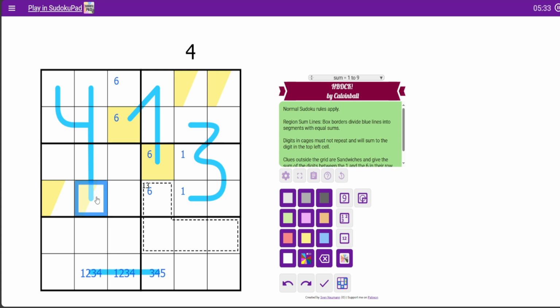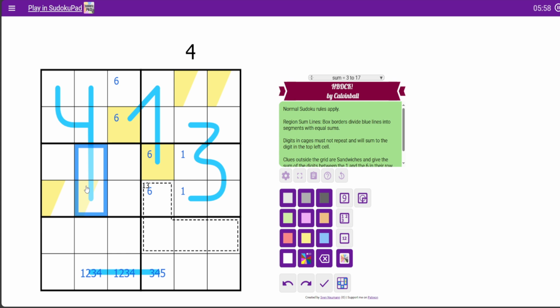If this is a 6, we need 4 or 5 there. Okay, we said 10 is the smallest. So 6 is definitely going to go on here, because we can't do 3, 7, because the lowest this could be is a 10.